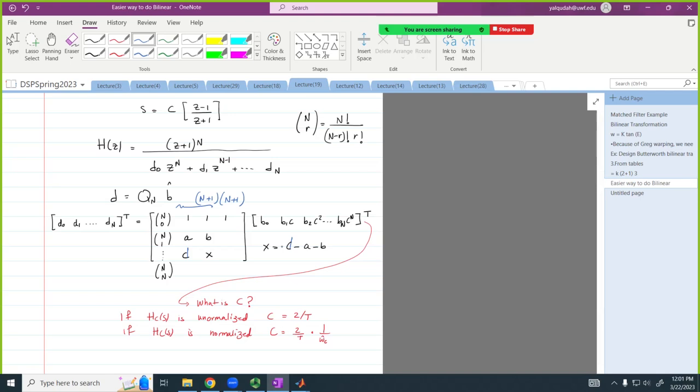Is it the same C from the S equation, S equals C, C minus 1, C plus 1? Yes, this is the same C. Okay, there's only one C. Yeah, that makes sense.